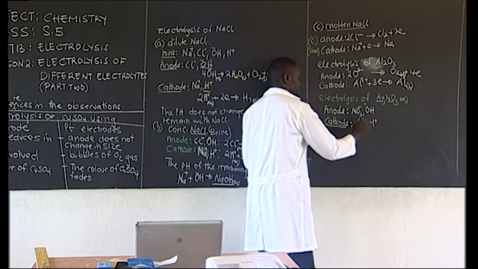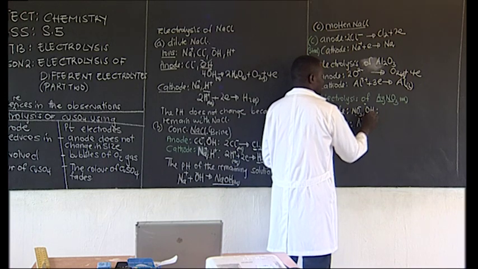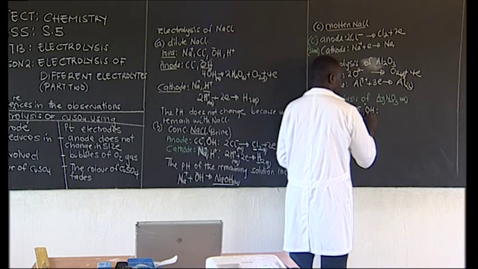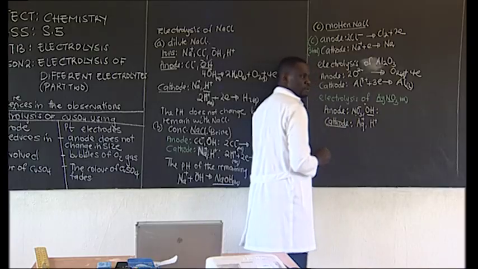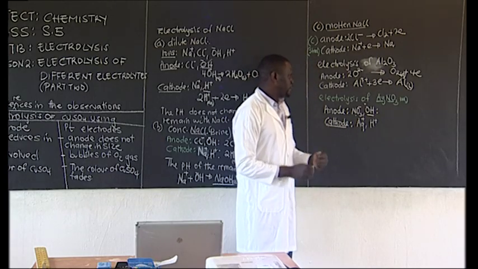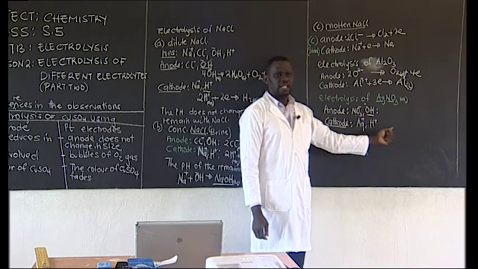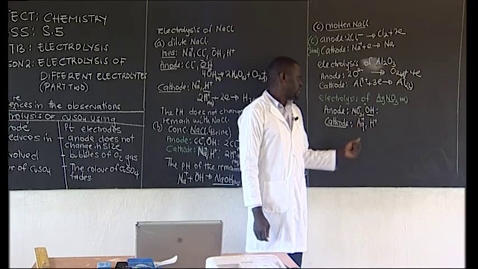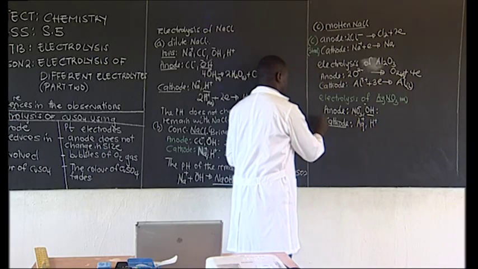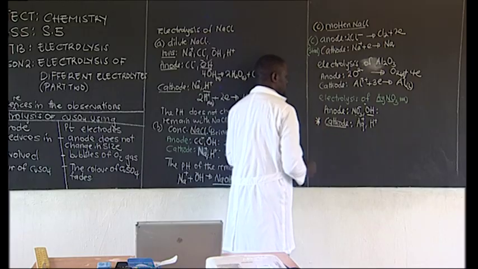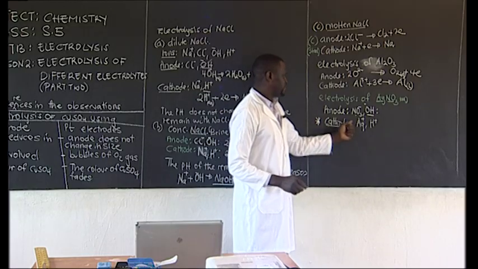So how do we deposit silver? We have competition here, and the competition will lead, because H is lower in the electrochemical series, it will be the one which will react. Then this is where my emphasis is, silver.